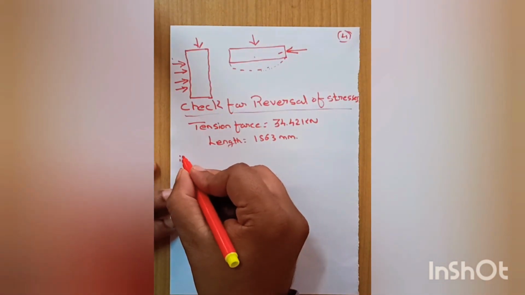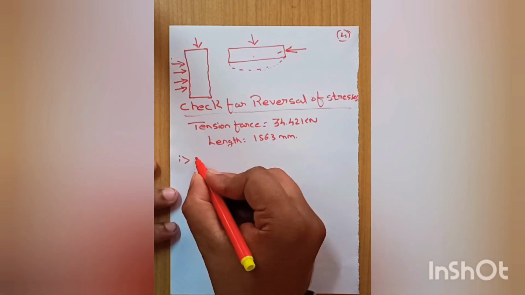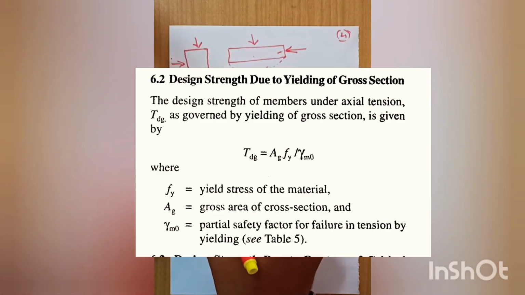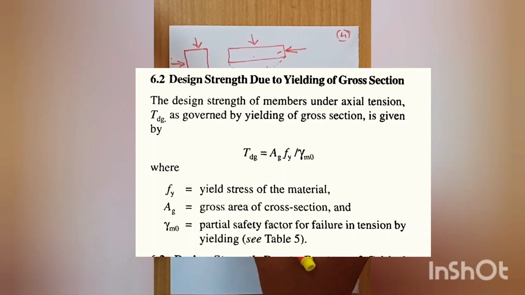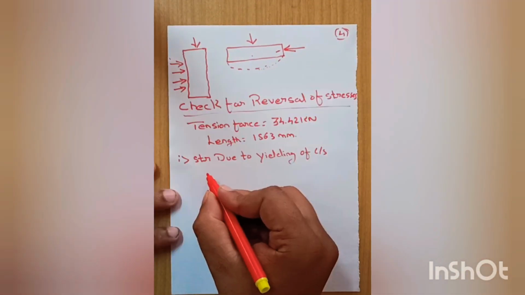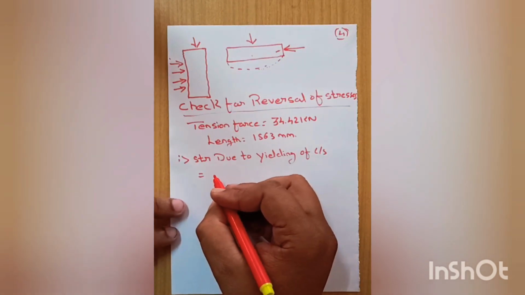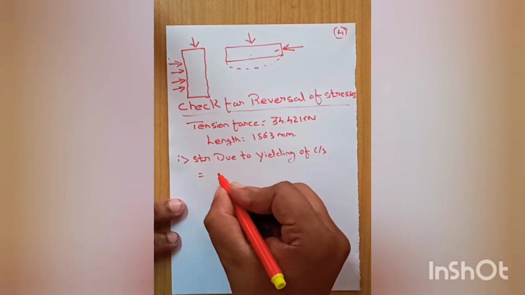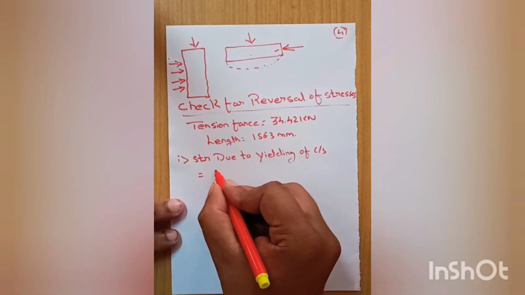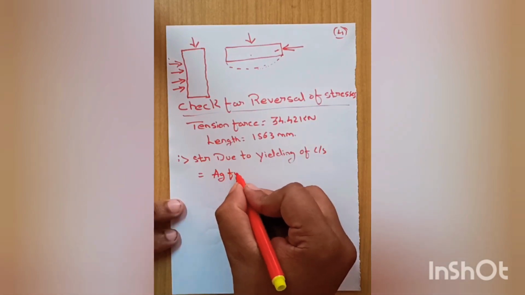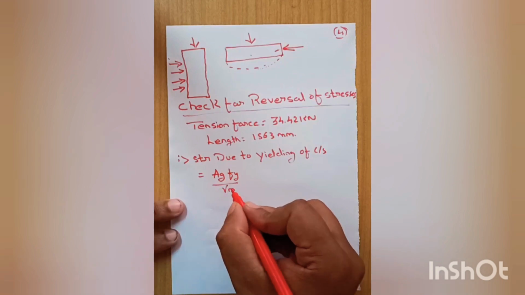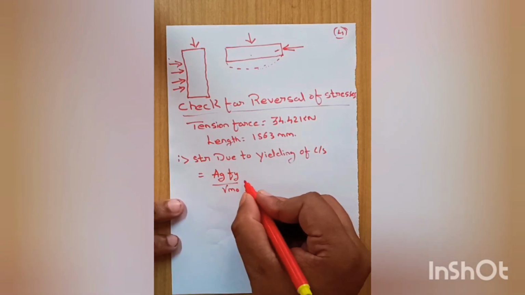So first, design strength due to yielding of cross section. We have already selected the section, so we don't have to select again. We have Ag into Fy by gamma m0.